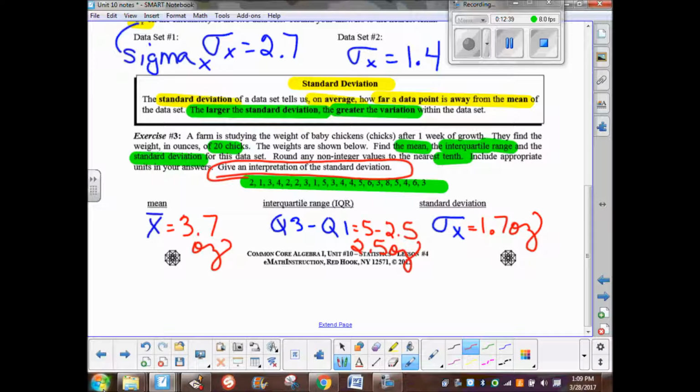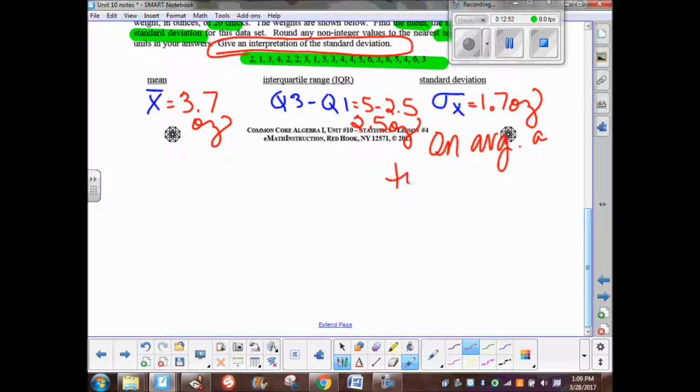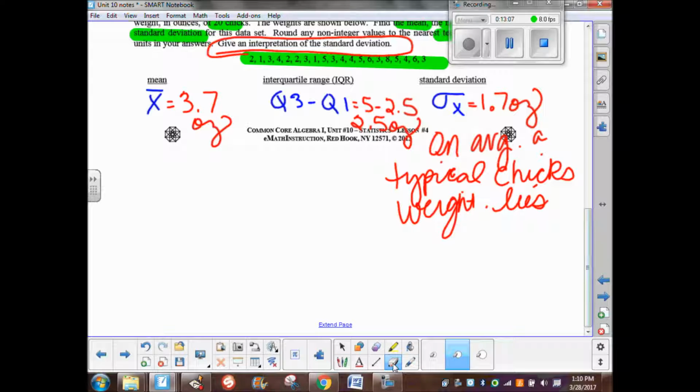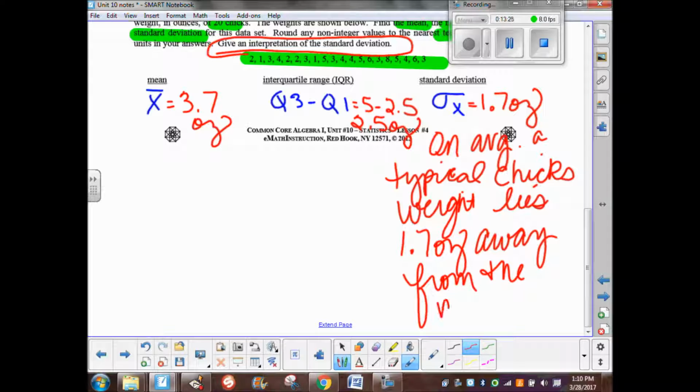So we can say, on average, a typical chick's weight, in the context of the problem, lies 1.7 ounces away from the mean weight, which was 3.7.